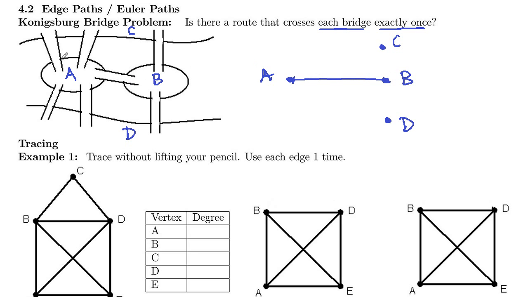There's 2 bridges from A to the North Shore C, so we're going to have 2 edges here. 2 bridges to that South Shore D, so 2 edges here. And then 1 edge from B to the north and the south, so that'll be here and here. So crossing every bridge exactly once translates into using every edge exactly once in this diagram, or tracing.